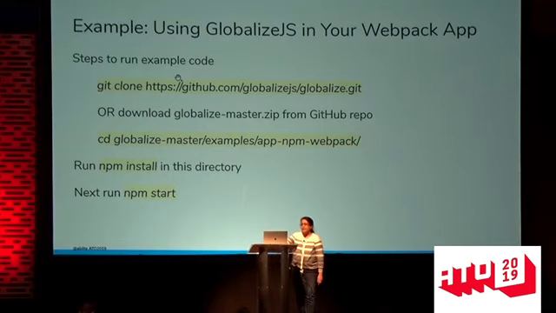So I'm running this specific example of app npm webpack. And what this does is demonstrate how you can get locale data formatted out of the box using GlobalizeJS. You can take a look at the code for this example also. It's in the samples examples directory on Globalize. And all you need to do really is npm install and npm start, right?